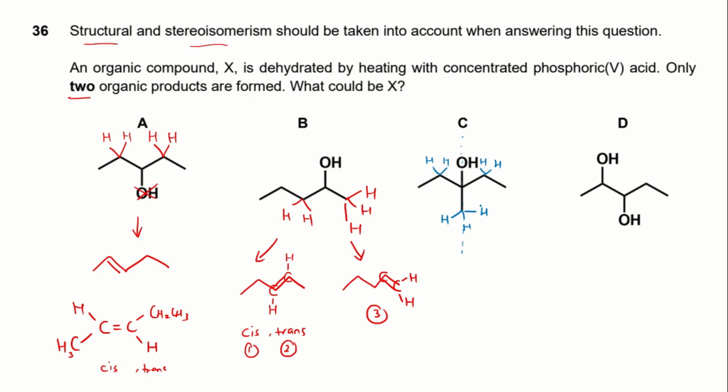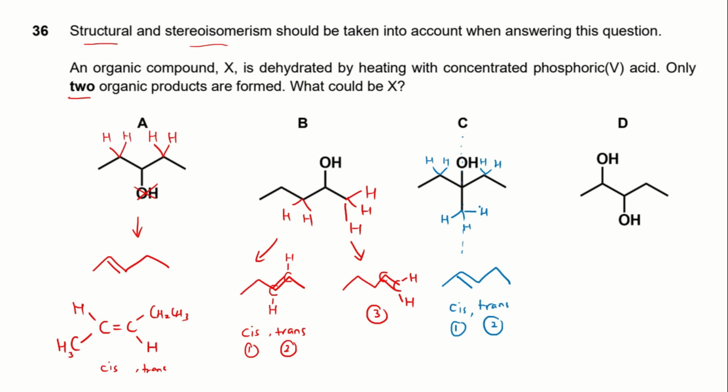So removing hydrogen atoms from the carbon on the left or on the right will produce the same type of alkene, which is pent-2-ene. So we have seen pent-2-ene as a product in dehydration of molecule A and also molecule B. It has a cis isomer and a trans isomer. So two products are formed from removing the hydroxy group and also hydrogen atoms from the left or the right carbon.